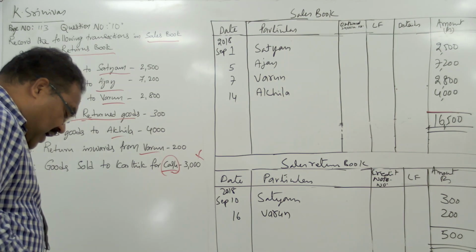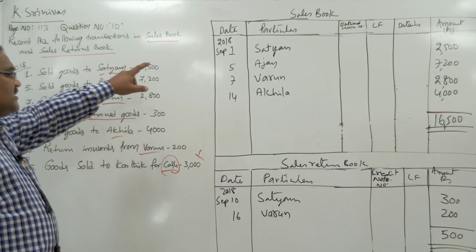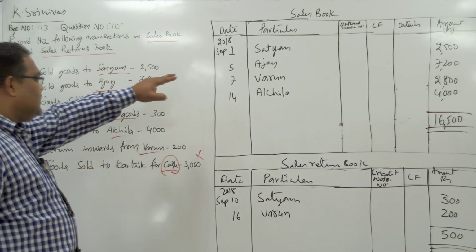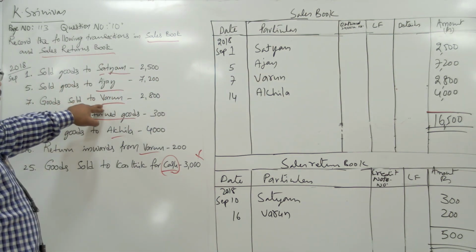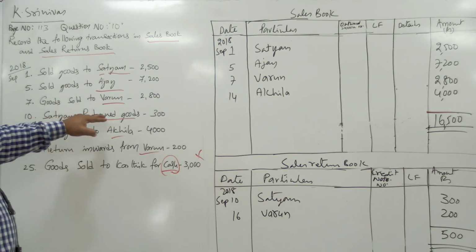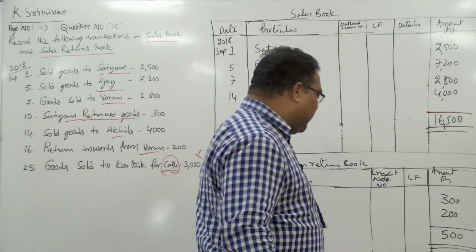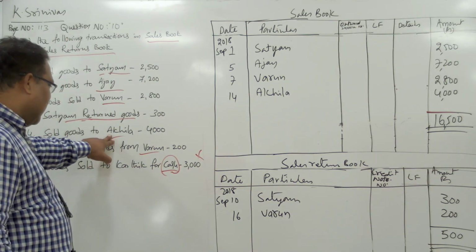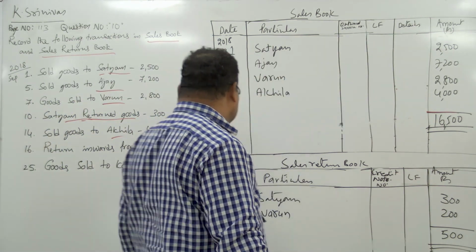Okay. Anyway, now I am explaining all these once again. Sold goods to Satyam 2,500. Sold goods to Ajay rupees 7,200. Sold goods to Varun rupees 2,800. Satyam returned goods, so sales returns book, Satyam rupees 300. Next, sold goods to Akhila should be taken in the sales book, Akhila rupees 4,000.